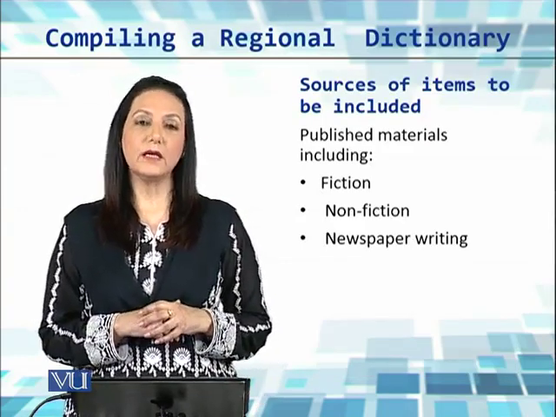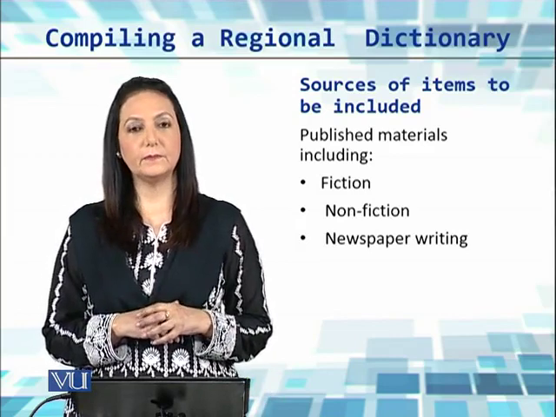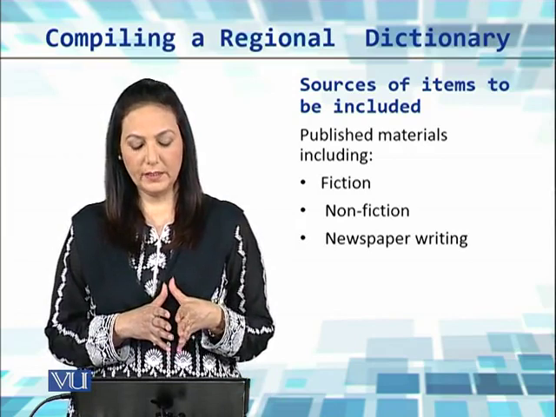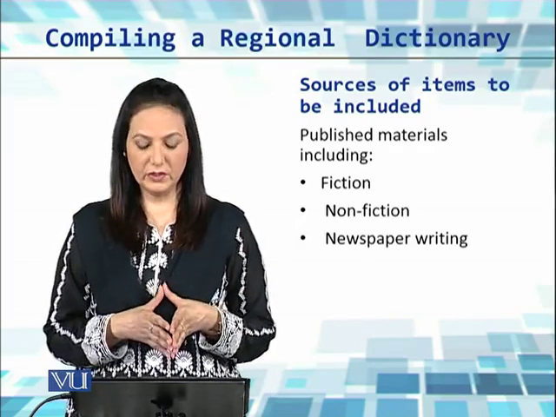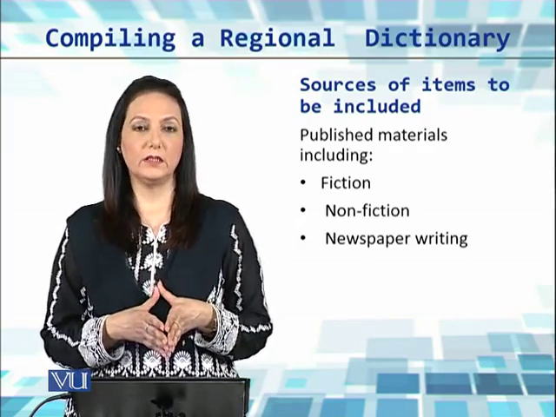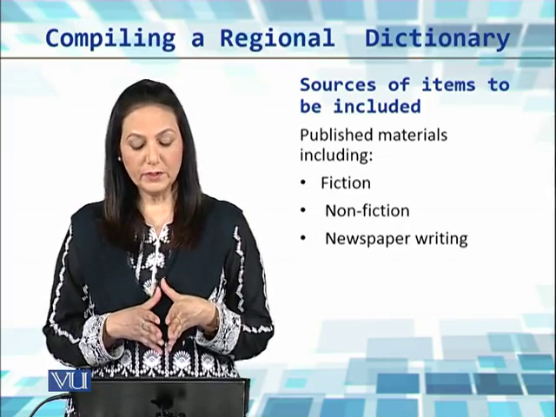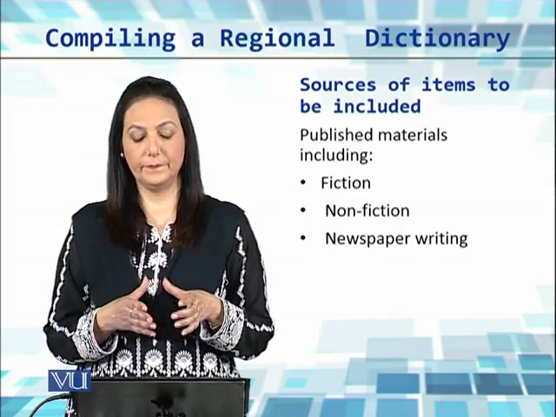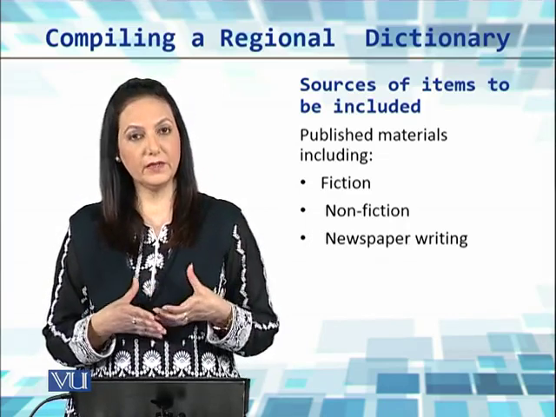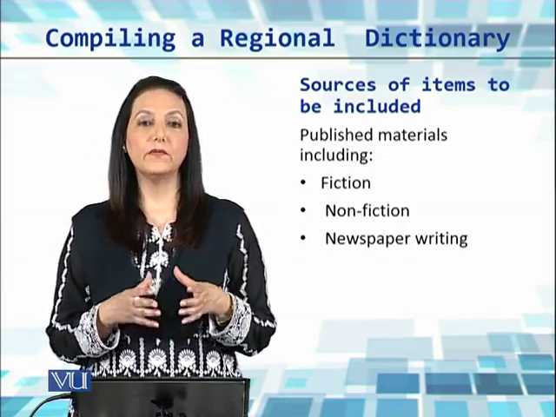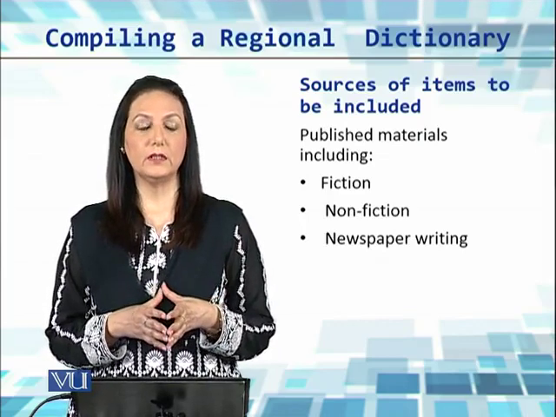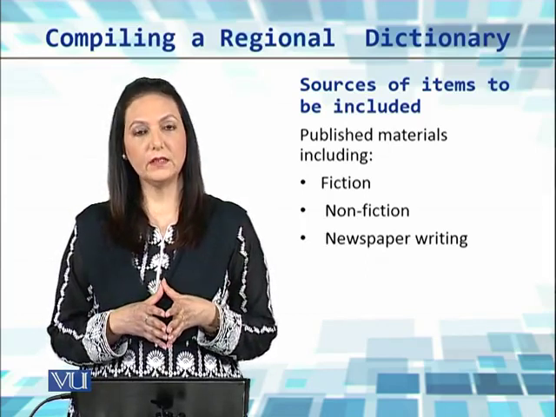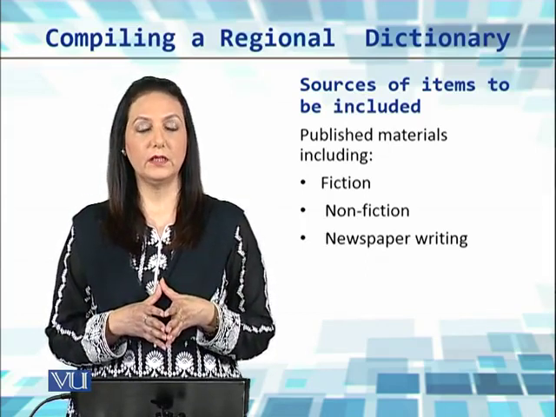The sources of items to be included can comprise published materials, and this may include fiction, non-fiction, and also newspaper writings. A published material is a more reliable source of the emerging variety, and also the frequency of use can be determined with more certainty in case of published material.